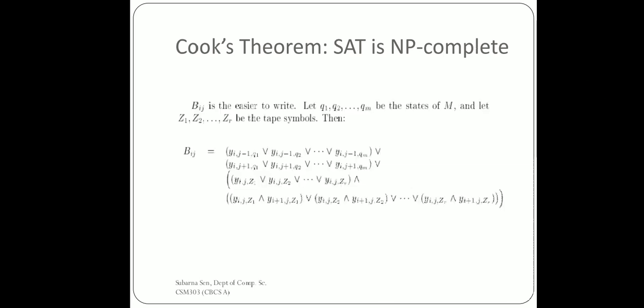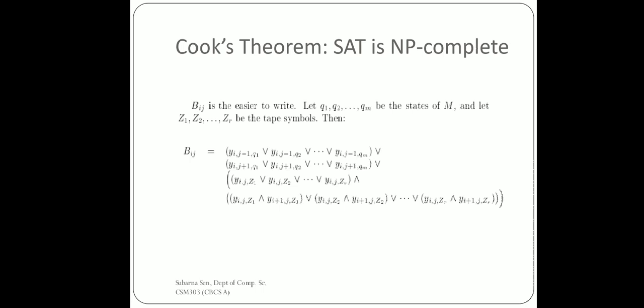Now if the b condition is holding, how to represent it? Now bij is easier to write. Let q1 to qm be the states of M and z1 to zr be the tape symbols. Now if we consider the previous one, that is y of i, j-1 for all the states and y of i, j+1, we are considering the two adjacent locations of xij.